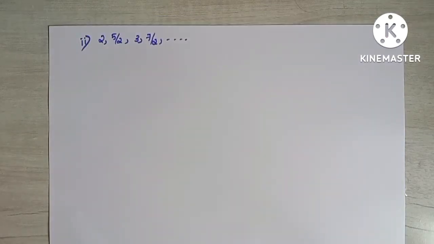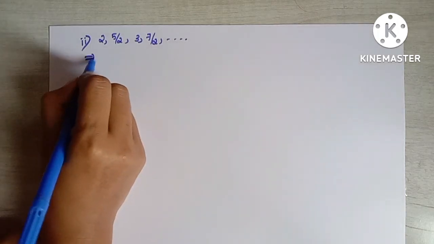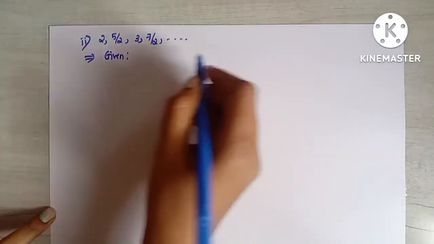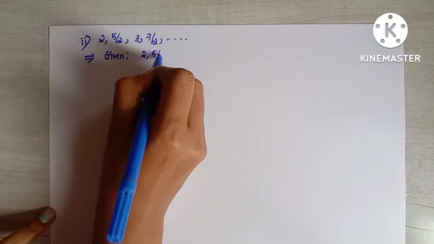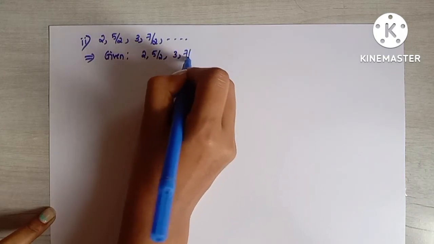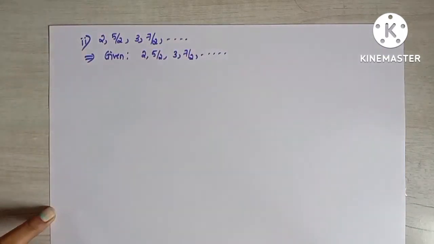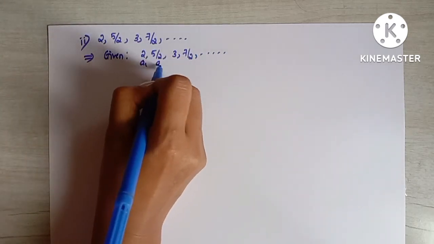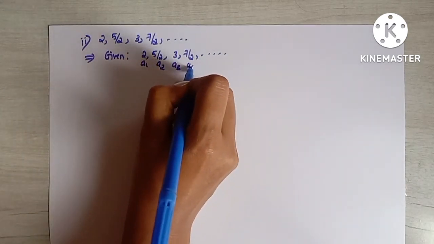So, the next question is 2, 5 by 2, 3, 7 by 2. What is the first step? Always we have to write the given things first. Therefore, the given series is 2, 5 by 2, 3, 7 by 2 and so on. Next, we denote it as A1, A2, A3, A4.